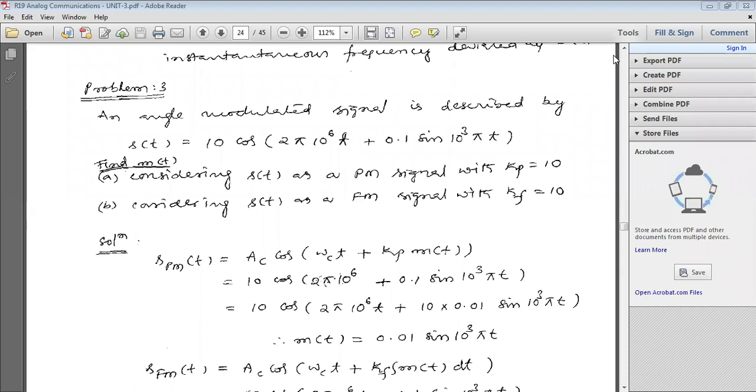An angle modulated signal is described by s of t equal to 10 cos (2 pi 10 power 6 t plus 0.1 sine 10 power 3 pi t).